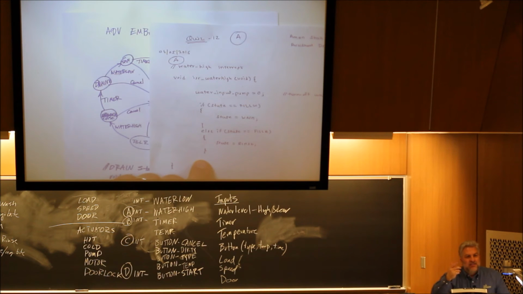If it's in the water high state, and you change the state, when will the interrupt clear, or when will you not respond to the water high signal as it's pumping out, right? If you are pumping water out, eventually it'll go down to the point where it's not triggering this interrupt, or it's not measured as high.